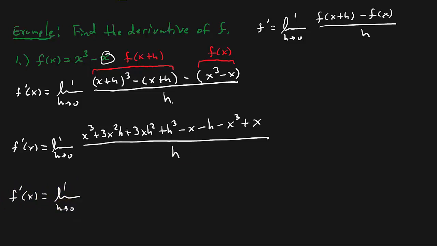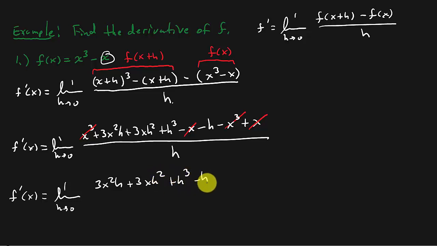So let's see. The x cubes cancel out. The x terms cancel out. And that's it. All right, so that's 3x squared h plus 3xh squared plus h cubed minus h, all that over h.